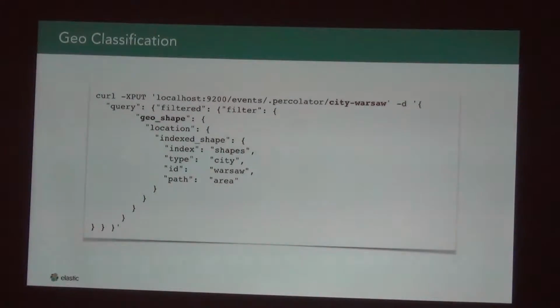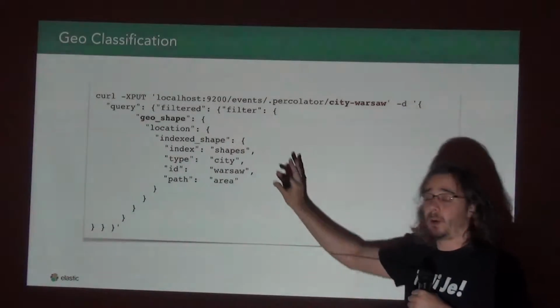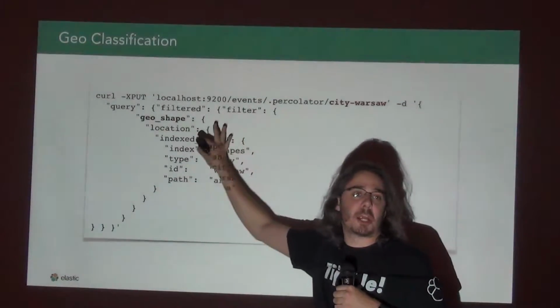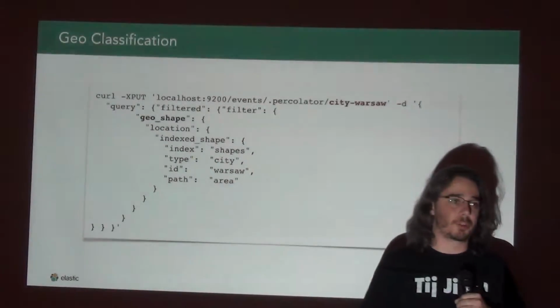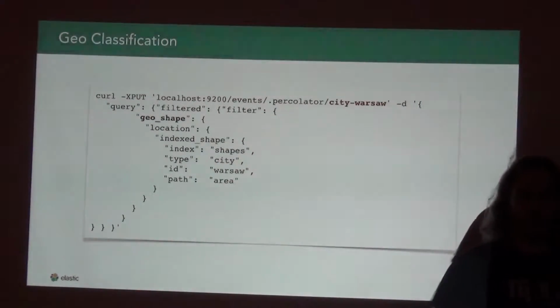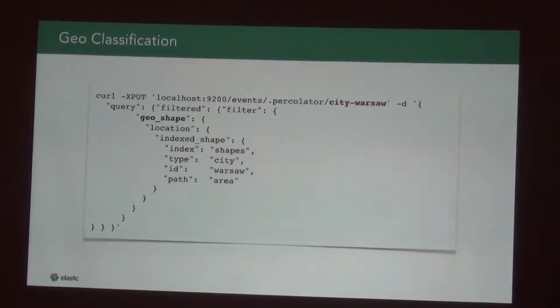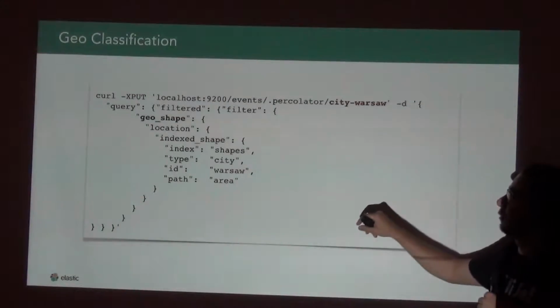So the simplest thing you can do is you can somehow acquire a list of shapes for all the cities in your country or in the world. There aren't that many cities, so you can actually afford to do that. And then you create a percolator for each. So this is a percolator for the city of Warsaw.